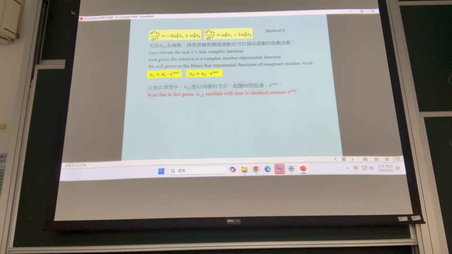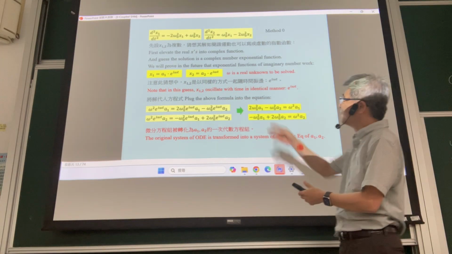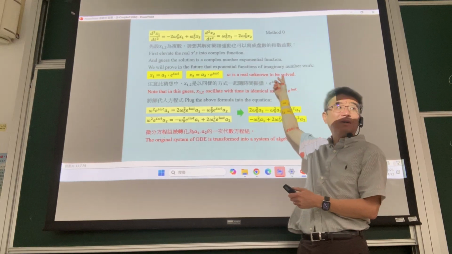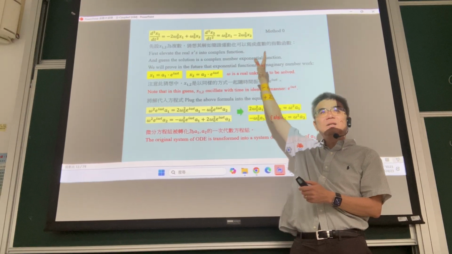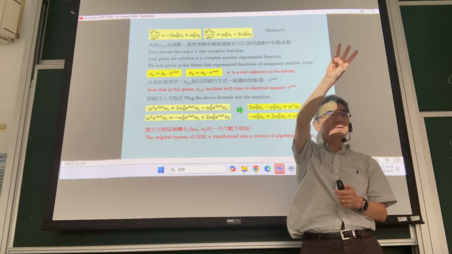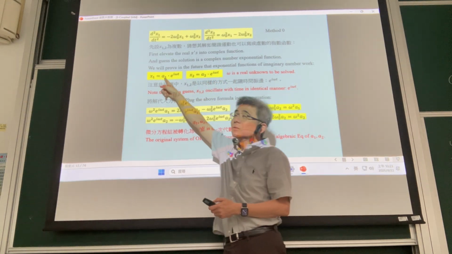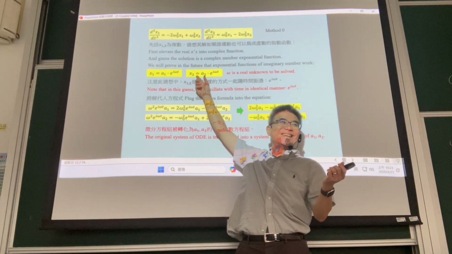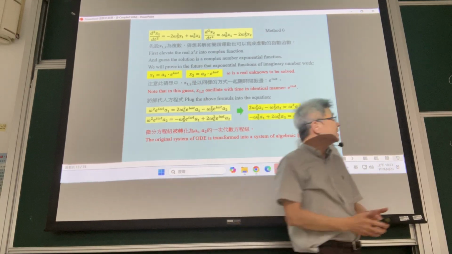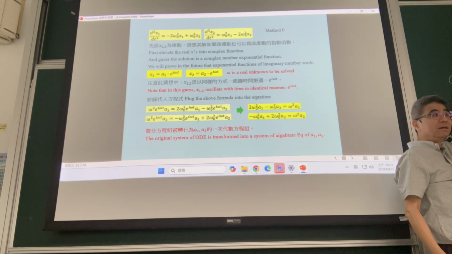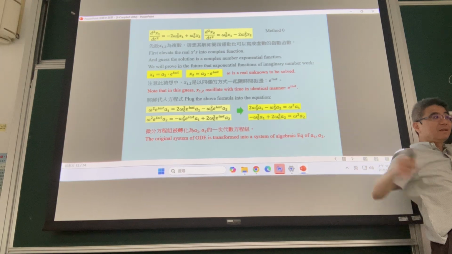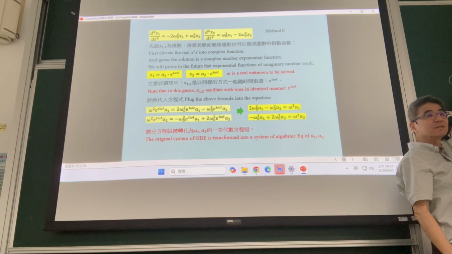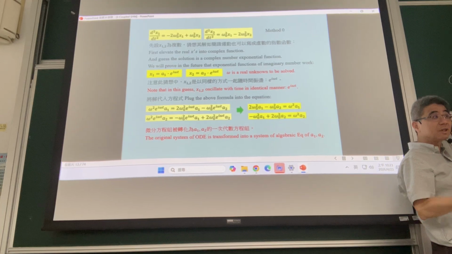So in this guessing, we have three unknowns: A1, I don't know; A2, I don't know; omega, I don't know. But it's exactly the same thing as here, right? It's not new. When you do the complex number method, you assume the solution.